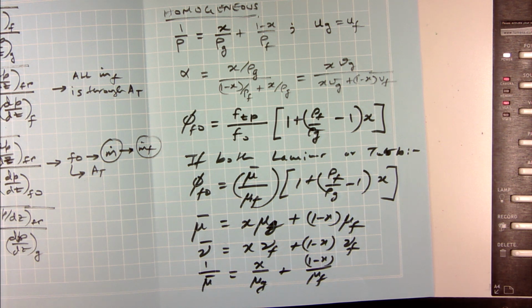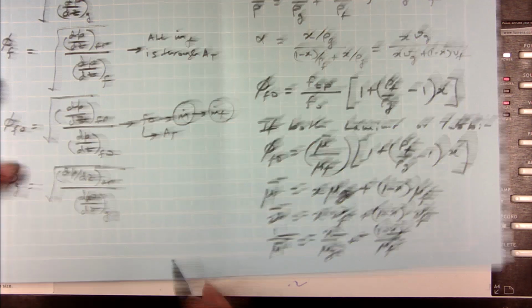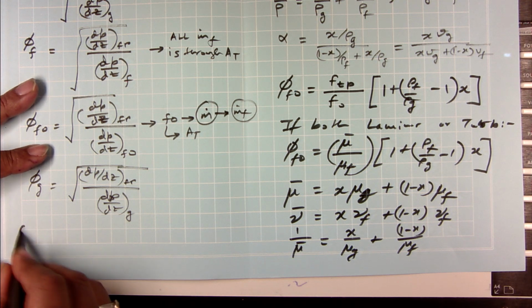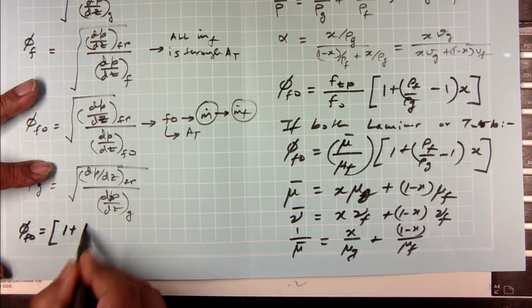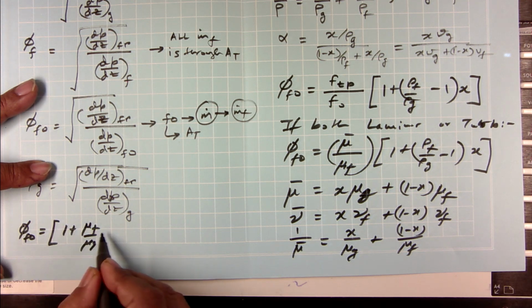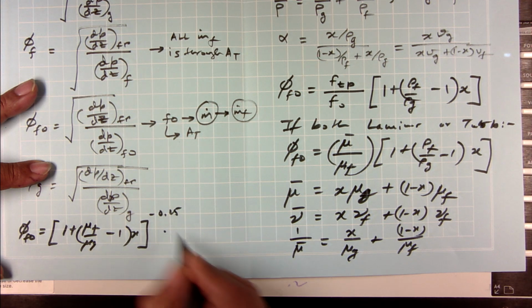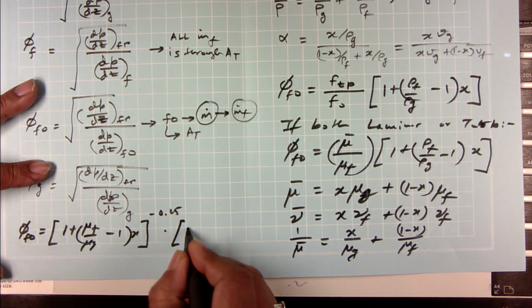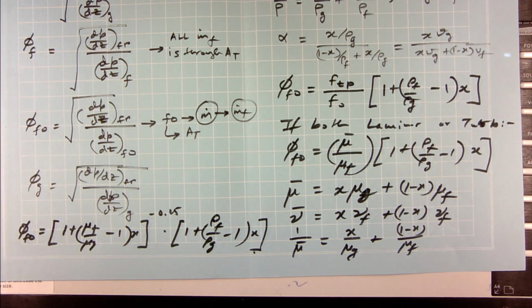So, in a mixed flow configuration, you end up with a phi f0 that looks something like this: 1 plus nu f by nu g minus 1 times x to the power of minus 0.25, times 1 plus rho f by rho g minus 1 times x. That is the sort of correlation you end up with, this phi f0 square.